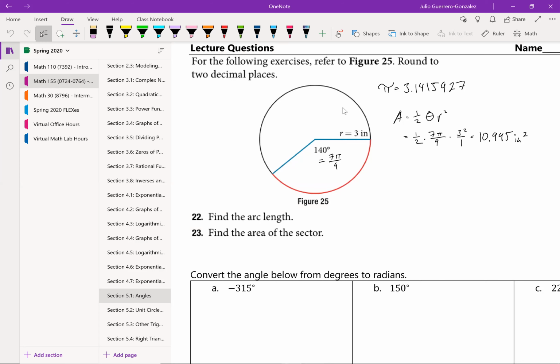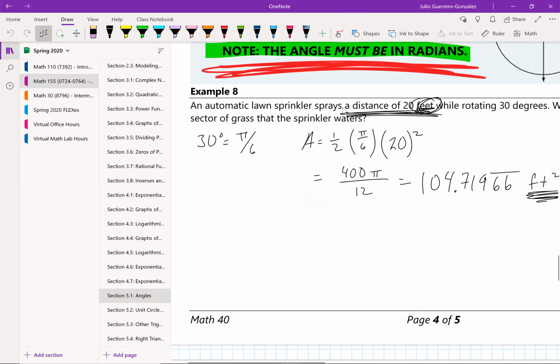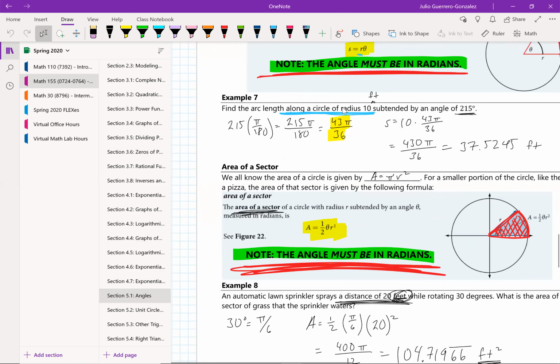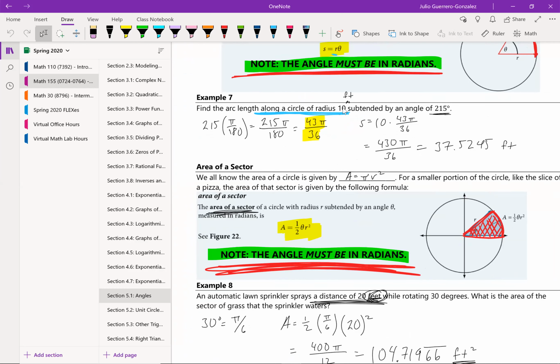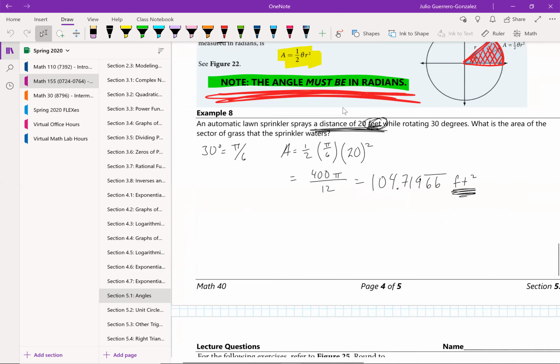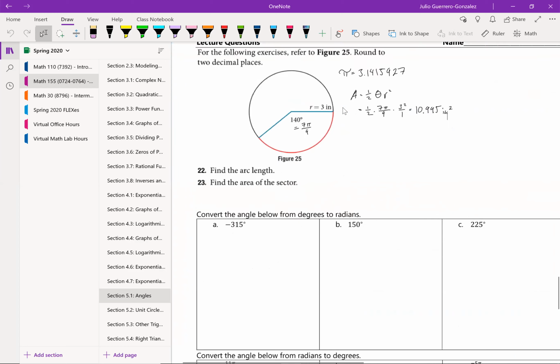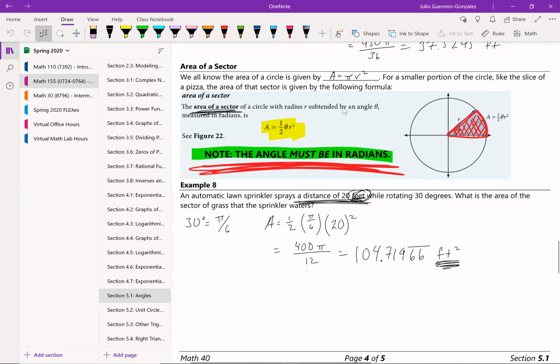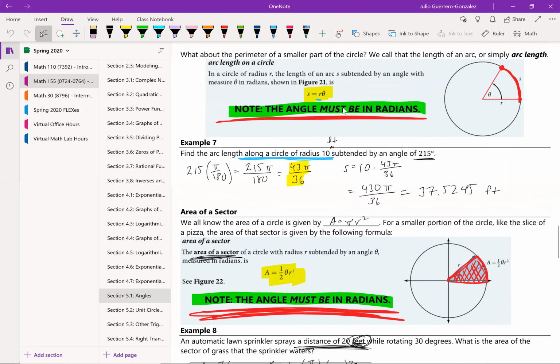Find the area of the sector if the radius of the circle is 16 centimeters. This is from your homework, right? Yes, correct. So it's not from the packet itself. It's on 5.1 angles, on the actual homework.